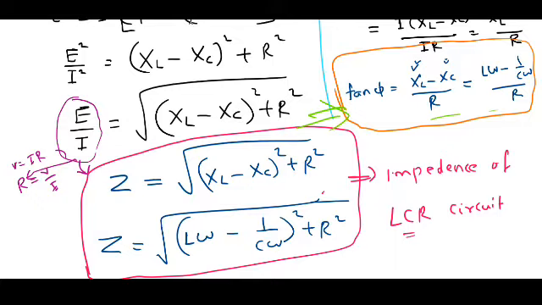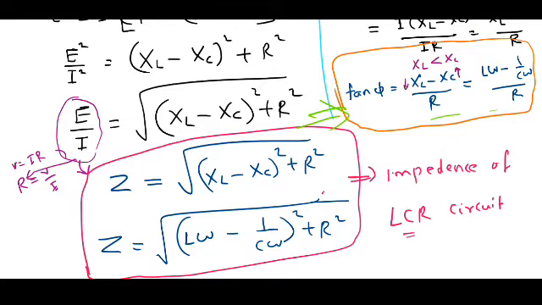The effect on the phase angle means if the phase angle is positive, then the voltage leads the current. The phase angle is positive only when XL is greater than XC. In that case, as in the case of the inductor where the voltage leads the current, in the LCR circuit also, if the inductive reactance is greater than the capacitive reactance, then the voltage leads the current. In the reverse case, if XL is less than XC, then XL is a smaller quantity and XC is a larger quantity.